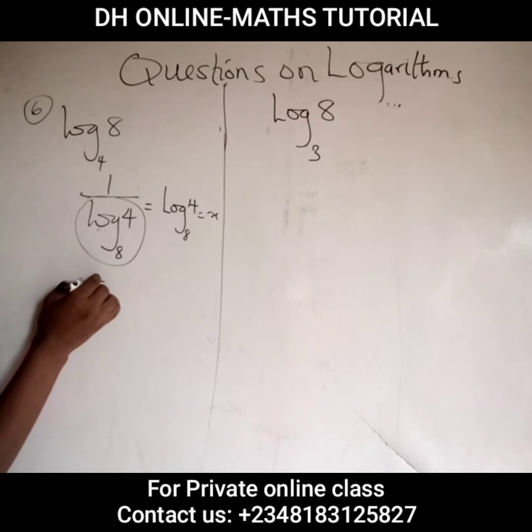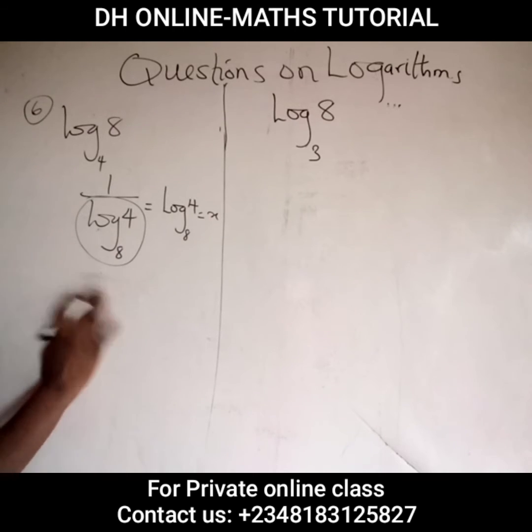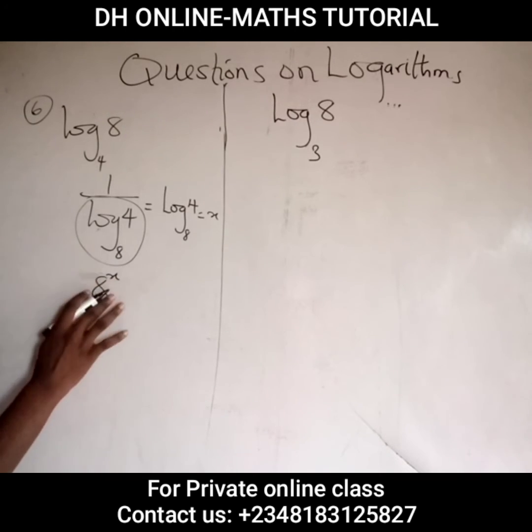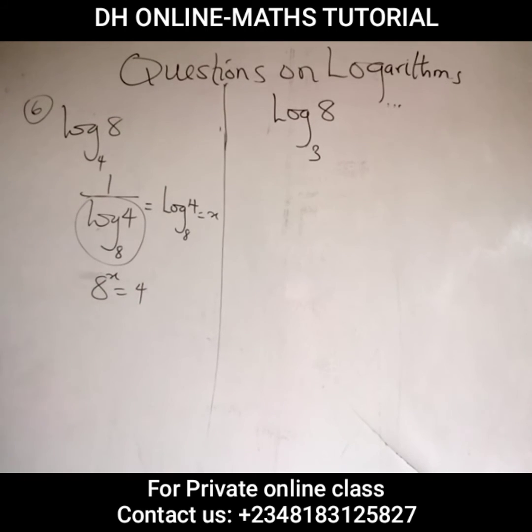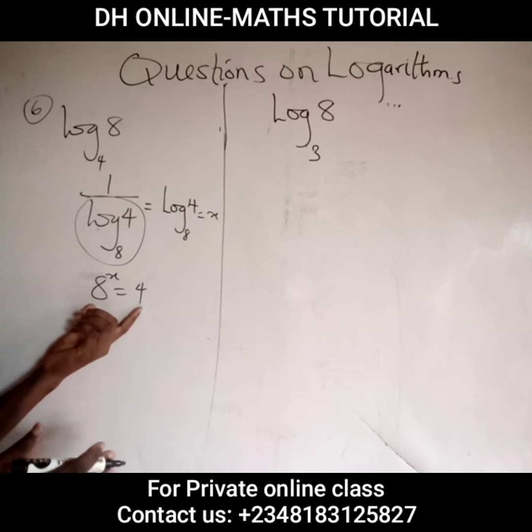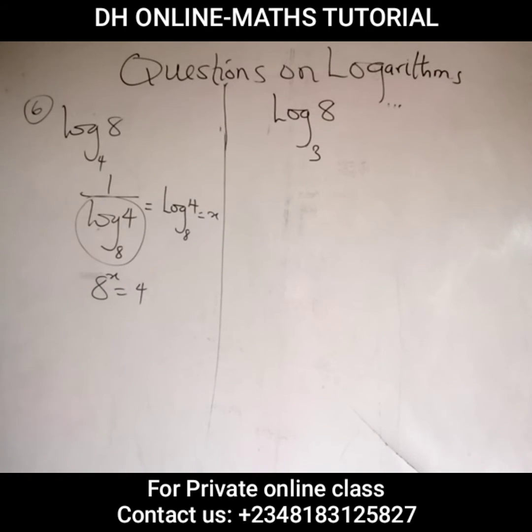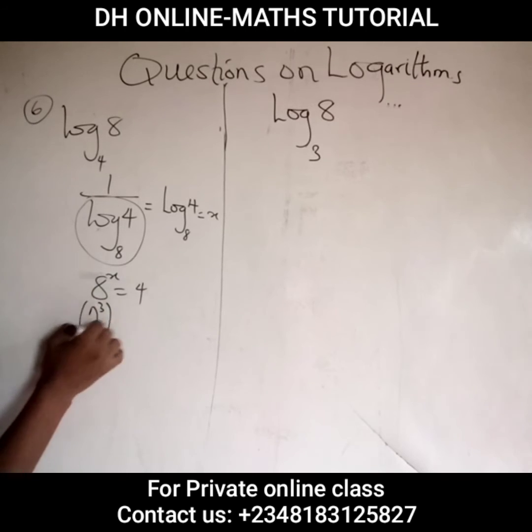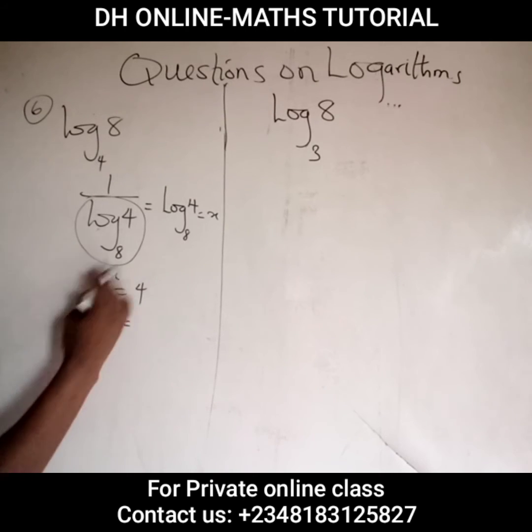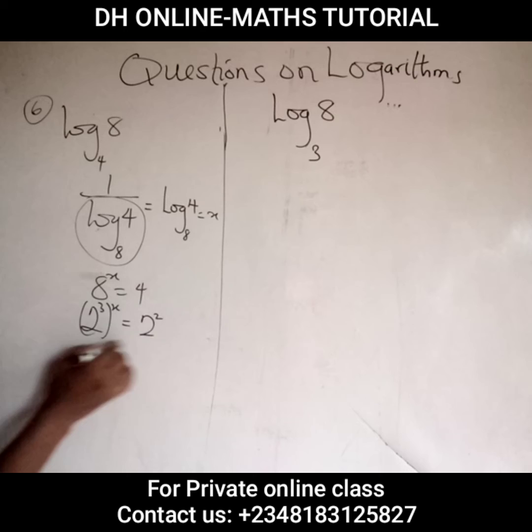So you have 8 to the power of x equal to 4. So reduce both of them to the smallest number at which you can reduce them to the same base, which is 2. So we have 2 to the power of 3, all to the power of x, and 2 to the power of 2.